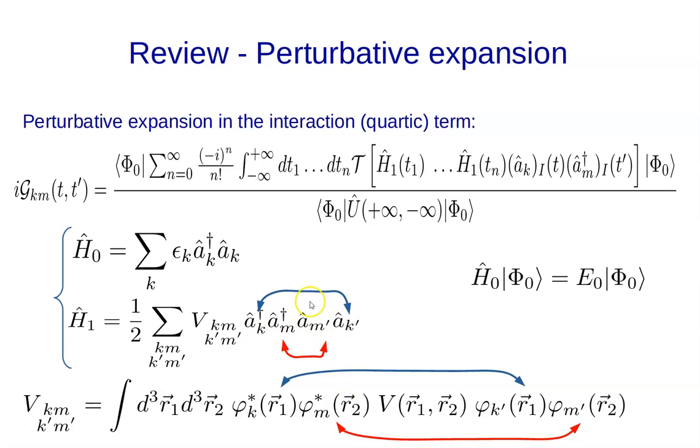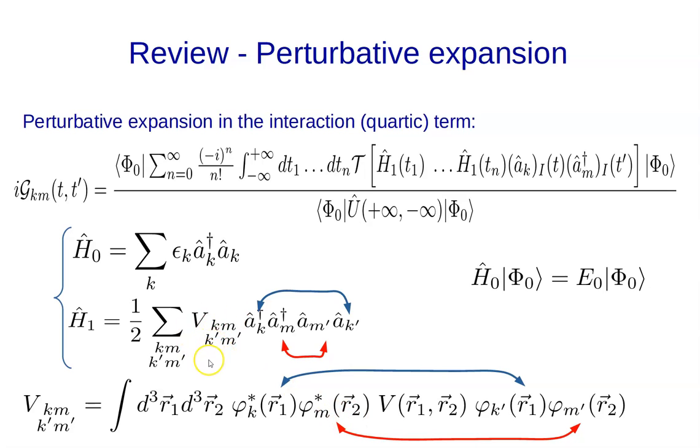And here, when you write them in the second quantized form, you pair K with K prime, and M with M prime. And this is important because you have to keep in mind that whenever I write K or K prime, so these first two indices in this column here, I'm talking about the same position, while M and M prime are in a different position, say R2.